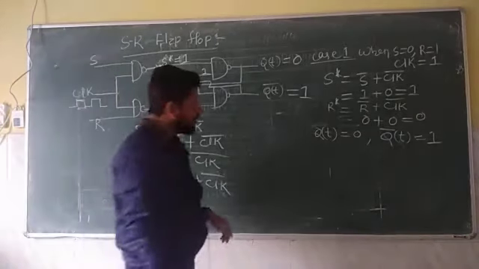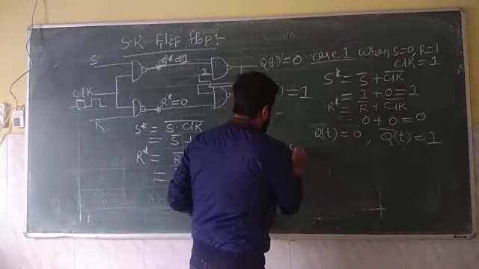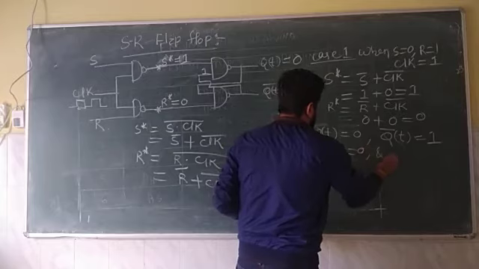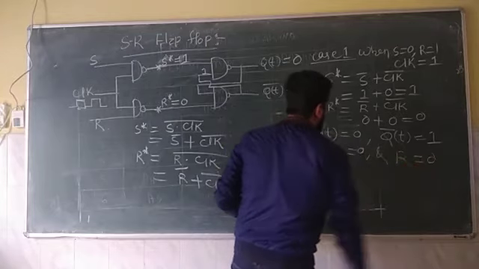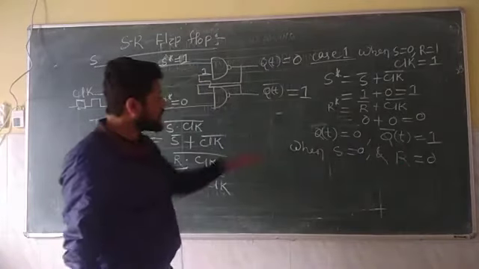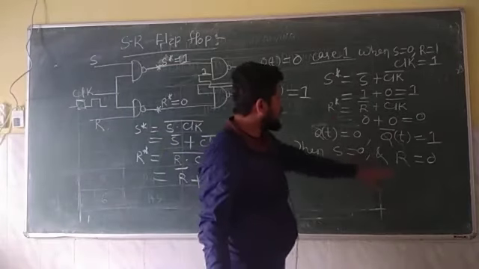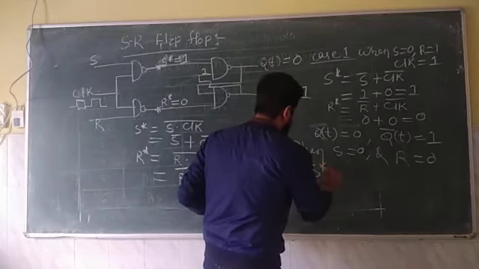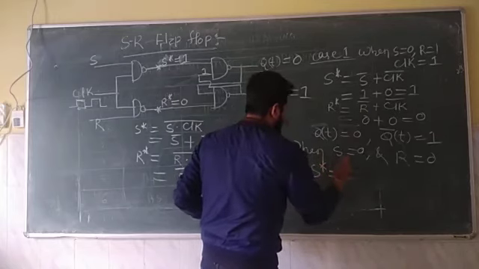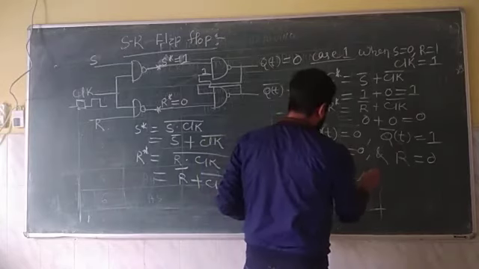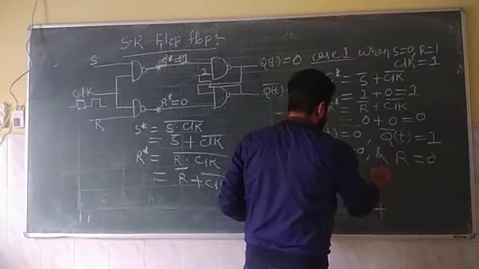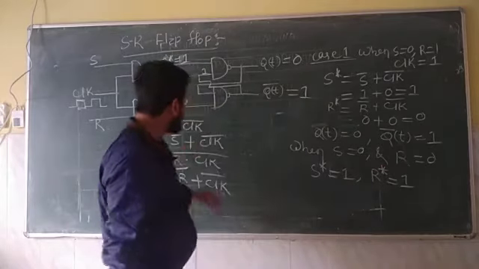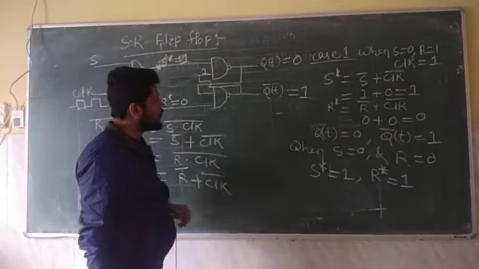Then we will check what happens when S is equal to 0 and R is equal to 0. If I put S equal to 0 and R equal to 0, then S star is equal to 1 as well as R star is equal to 1.